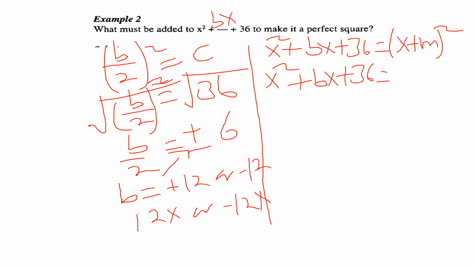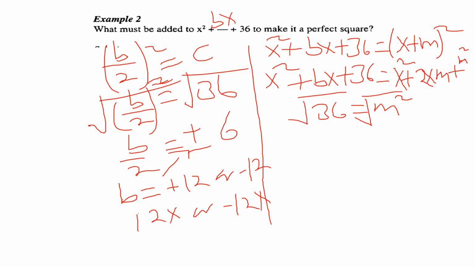This should be equivalent to x squared plus 2xm plus m squared. So we can take that 36 is equal to m squared, so you can get the square root on the other side, and remember, if you get a square root you can get either a positive or minus 6, which is equivalent to m.